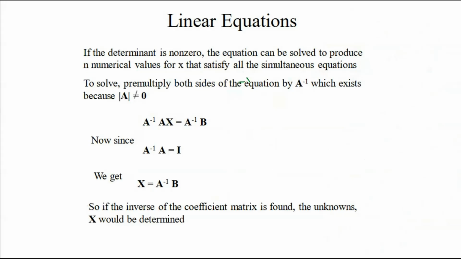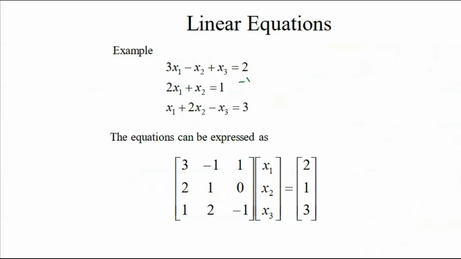Let me see. I think they did an example. So here you have three equations. Notice they didn't use X, Y, and Z. They use X subscript 1, X subscript 2, X subscript 3, right? You take these and you decompose it into these two matrices.